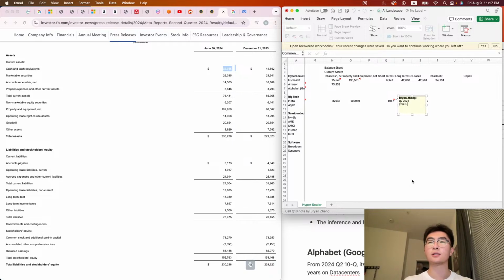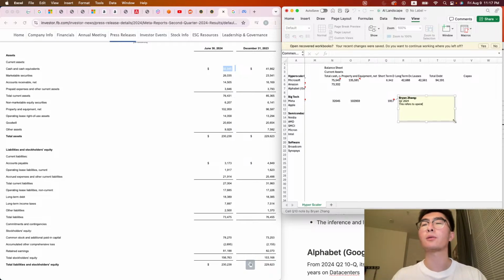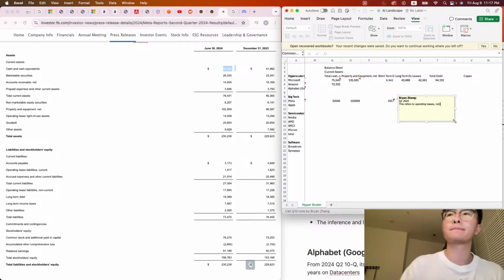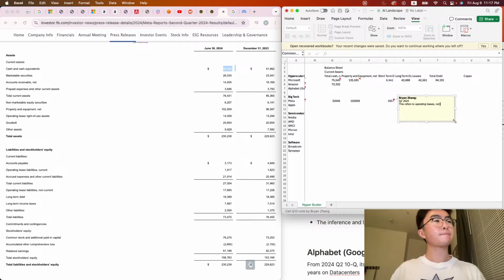This refers to operating leases. Not short-term debts. Okay.